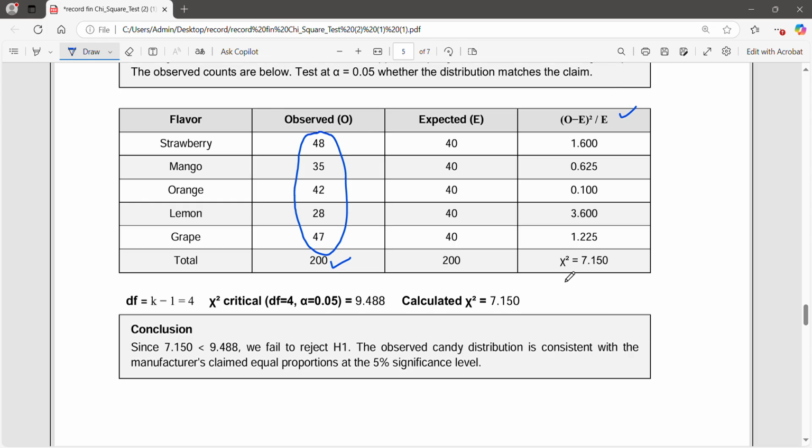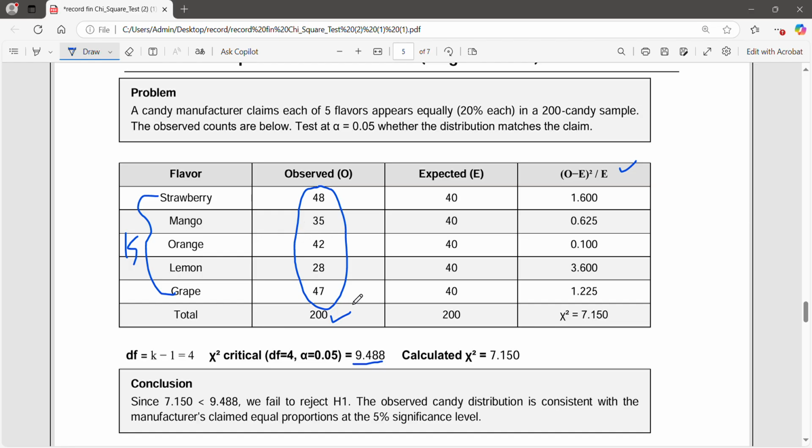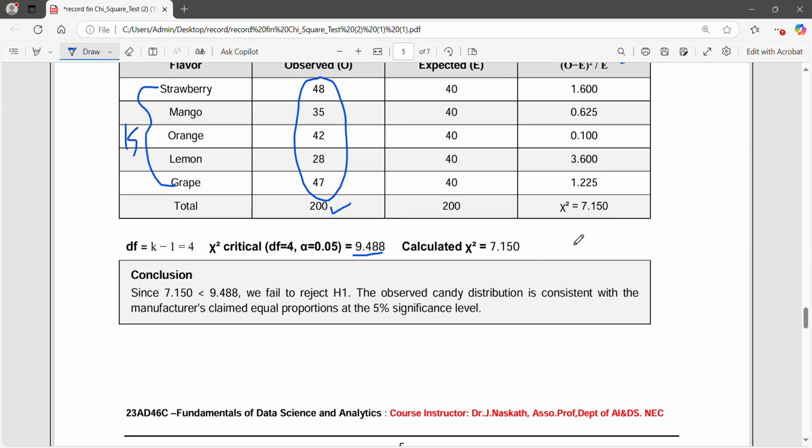As per that, we found 7.150. Then we find the degrees of freedom based on k, or n. If it is 5, then 5 minus 1 is 4. Using this degree of freedom and the significance level, we find the critical value using the chi-square table. The calculated value is 7.150.